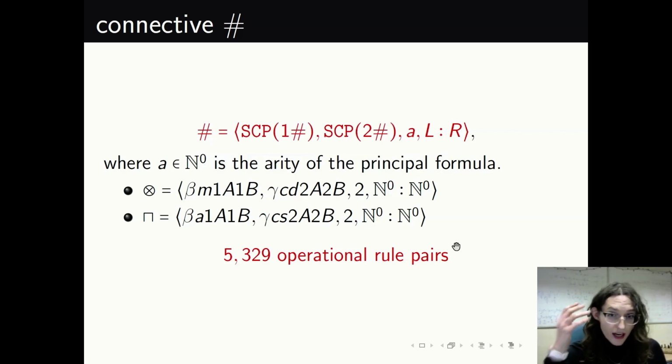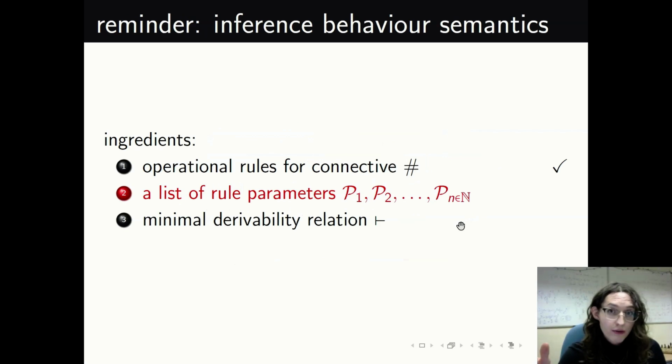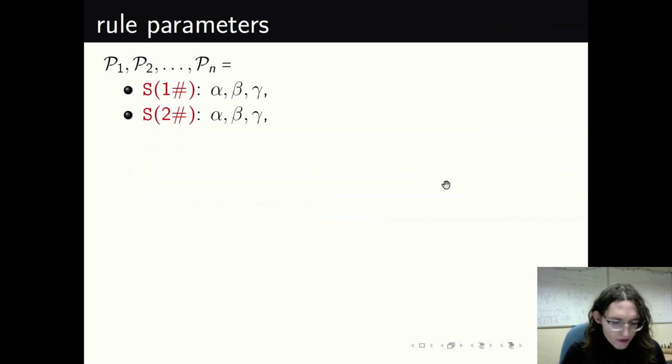So now that we've got our 5,329 operational rule pairs at hand, we just need to find a list of all of the potential parameters that could determine use in those rules. And here's the good news, we've already done the work, because we'll just define our rule parameters according to the different components that make up the rules as we've just seen them.